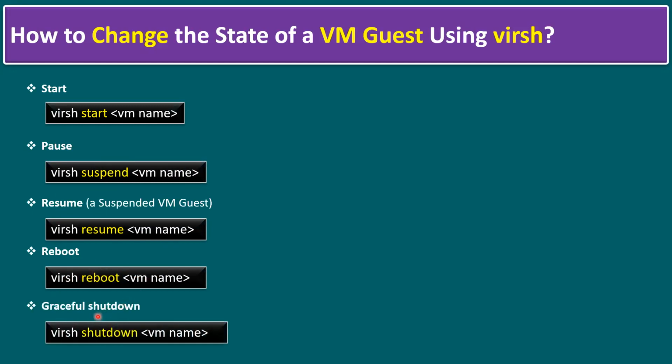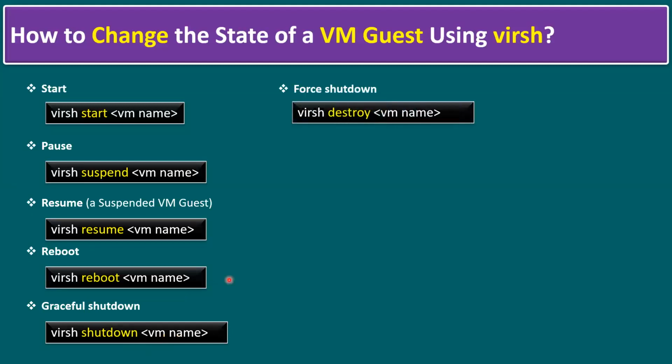The graceful shutdown, which we just tested, is virsh shutdown and the virtual machine name. And for force shutdown, sometimes when you apply the shutdown command the virtual machine is unable to shut down. At that time we have to use the command destroy, but the usage of this keyword is only for force shutdown.